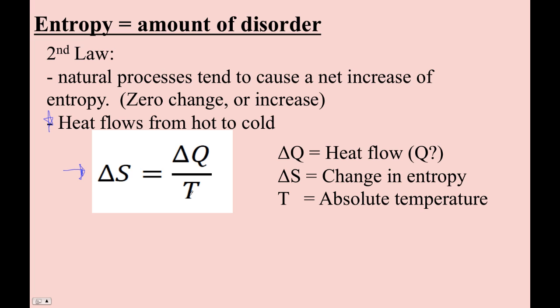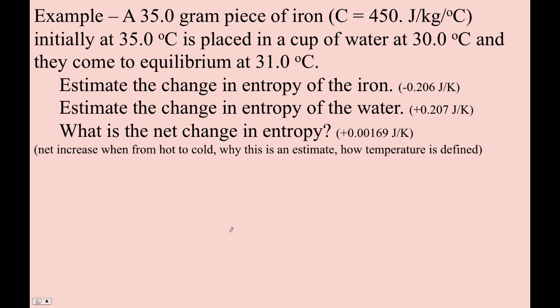So let's look at some examples here, and I think this will help us. Let's look at this piece of iron placed in a cup of water. They come to equilibrium at 31 degrees Celsius. Here's this cup of water, and we stick this little piece of iron in there, right?